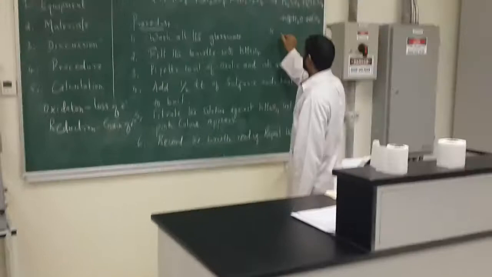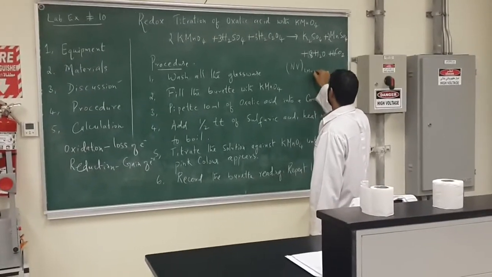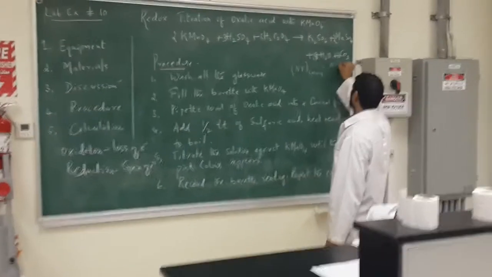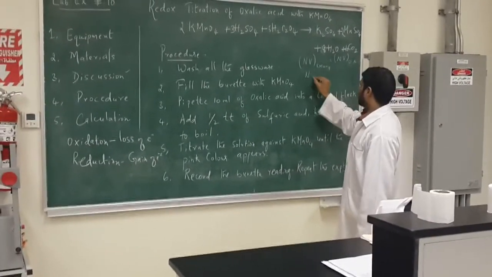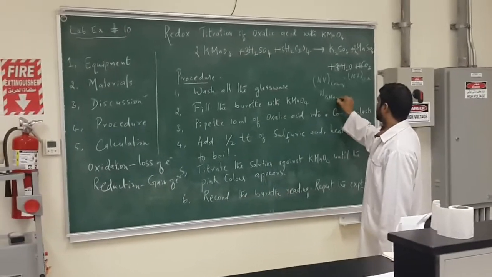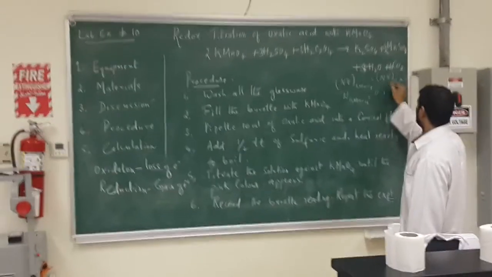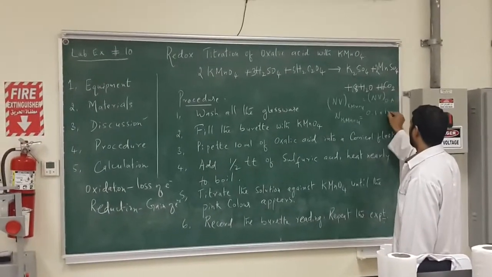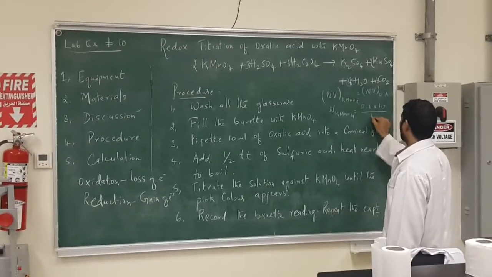Normality times volume of potassium permanganate equals normality times volume of oxalic acid. Now the normality of potassium permanganate you need to calculate. The normality of oxalic acid is 0.1, the volume of oxalic acid is 10 ml that we have taken, and the volume of potassium permanganate will be the average.